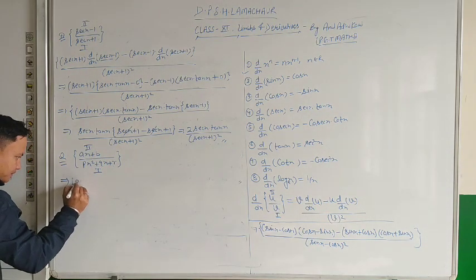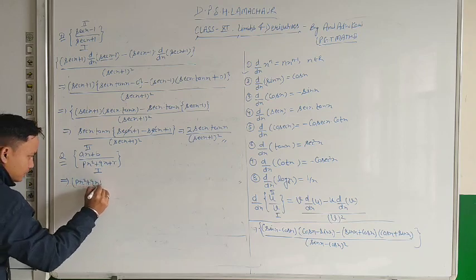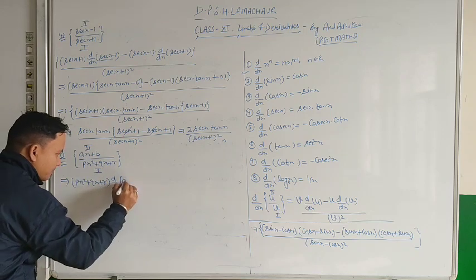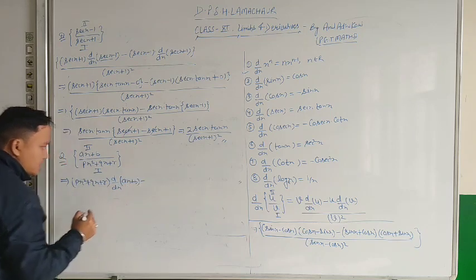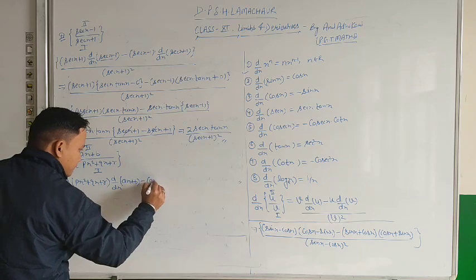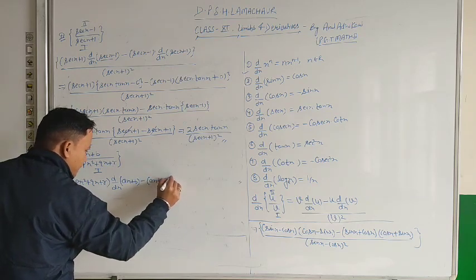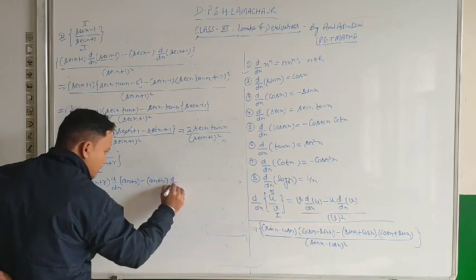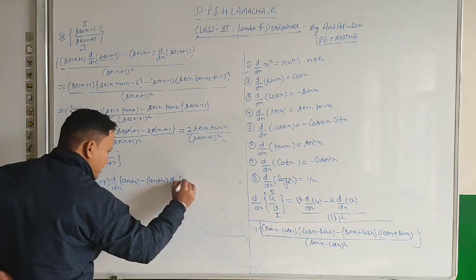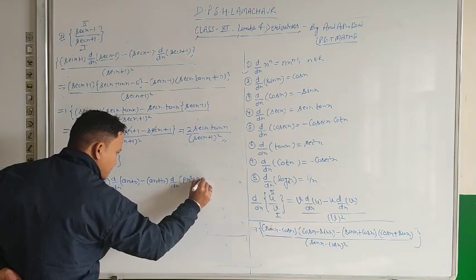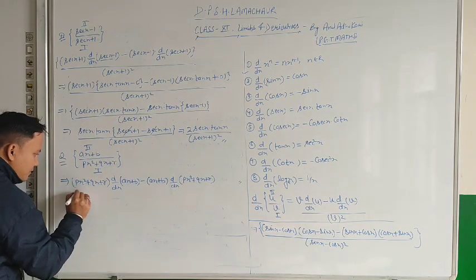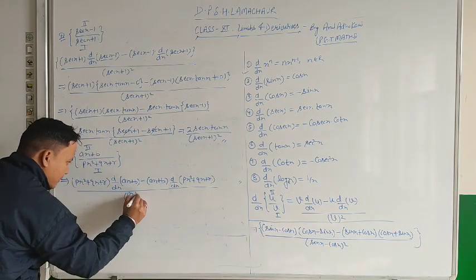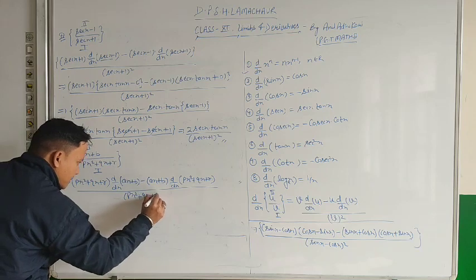First function, times the derivative of second, which is ax plus b, minus second function times the derivative of first, which is px square plus qx plus r, divided by whatever the function given in the denominator is, whole square, px square plus qx plus r whole square.